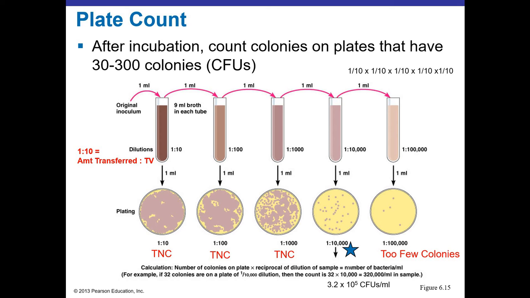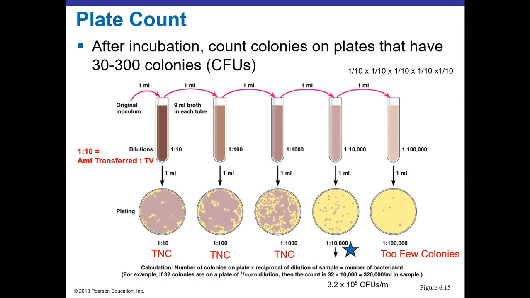So we do what is referred to as a serial dilution, where we keep diluting the bacteria over and over again. In order to do a serial dilution, we're going to take an original inoculum and take a small volume and put that into a larger volume to dilute. Typically, we do a 1 to 10 dilution.